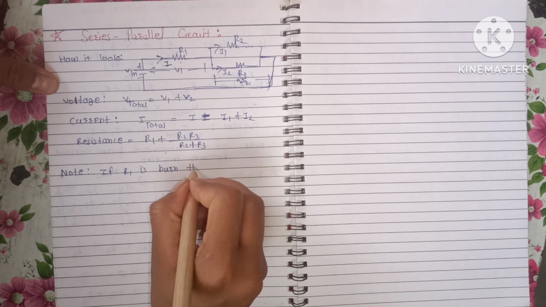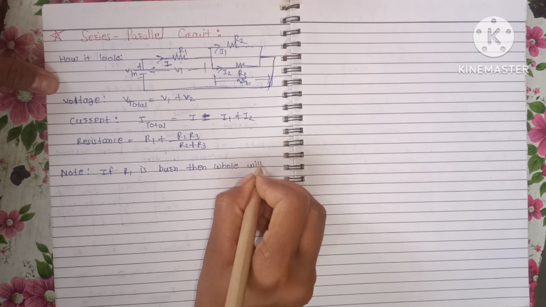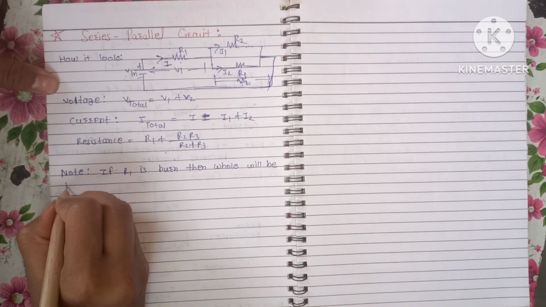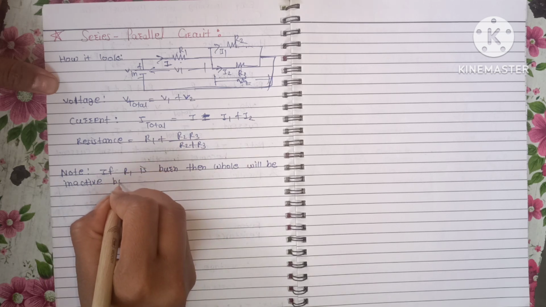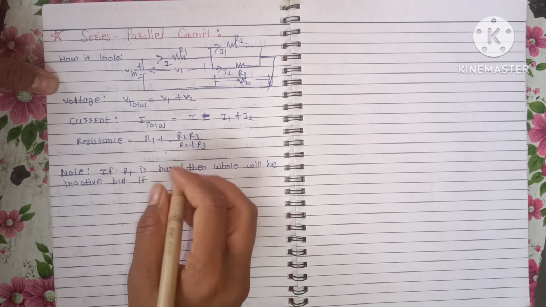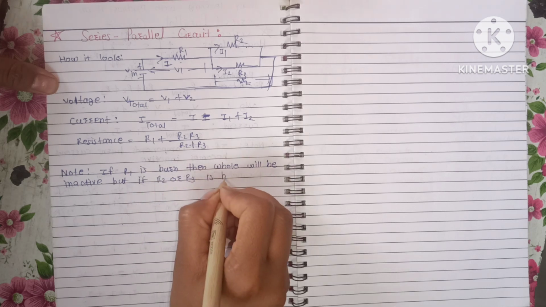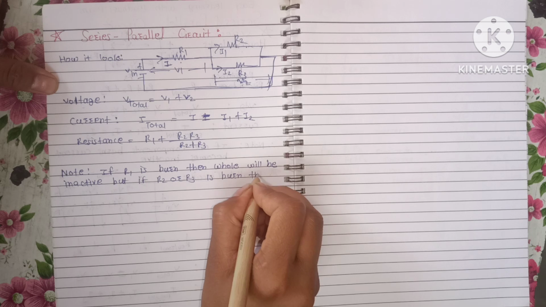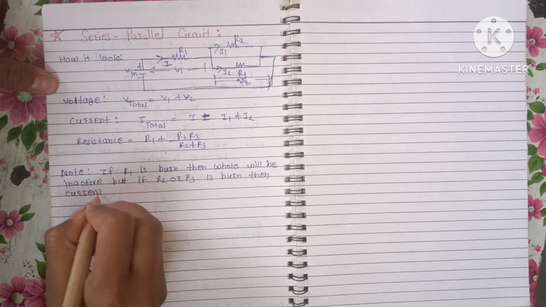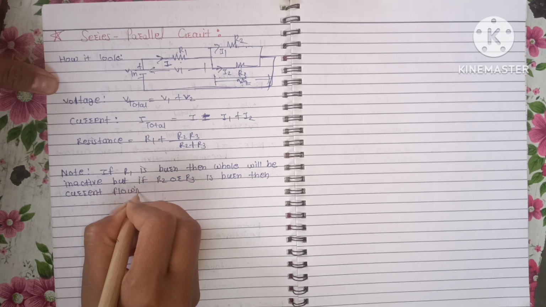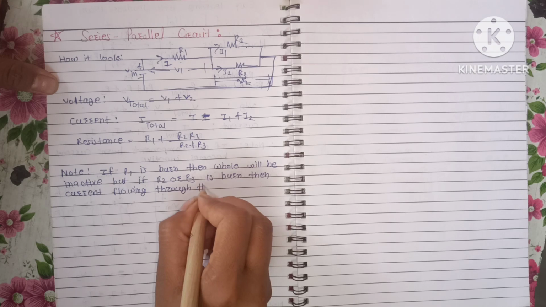then the whole circuit will be inactive. But if R2 or R3 is burned, then current still flows through the circuit.